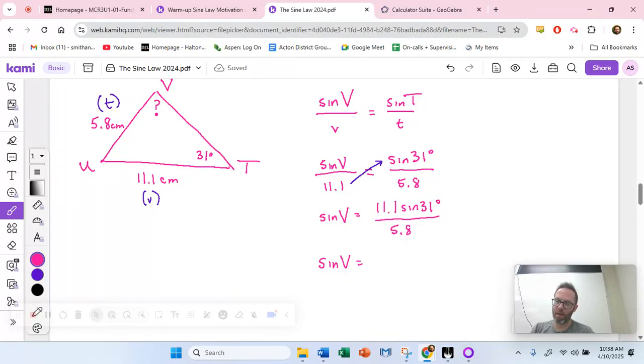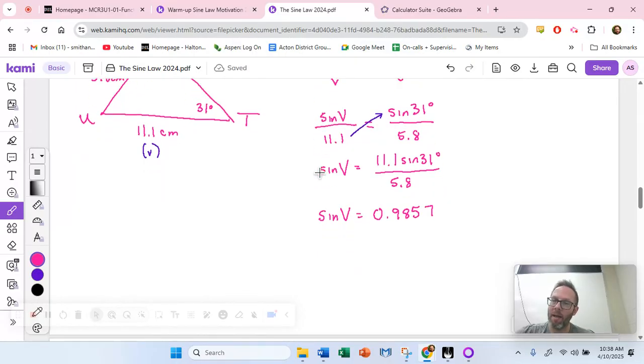It gives us the sine of the angle. It doesn't give us the angle, but that's okay. Now, if you're like me here and you're writing out the decimal, keep at least 4 decimal places of accuracy to make sure your angle is as accurate as possible. I'll make a note of that. 4 decimals. Otherwise, it can impact the angle quite a bit.